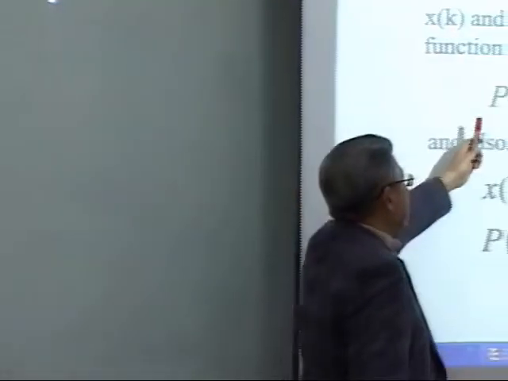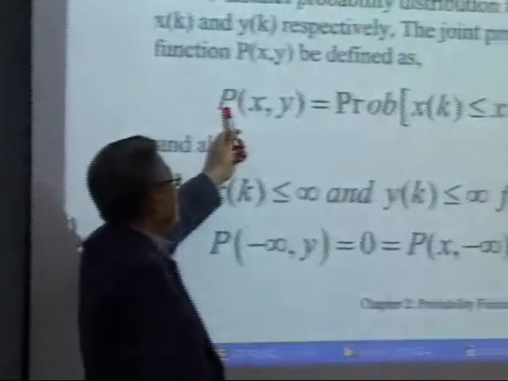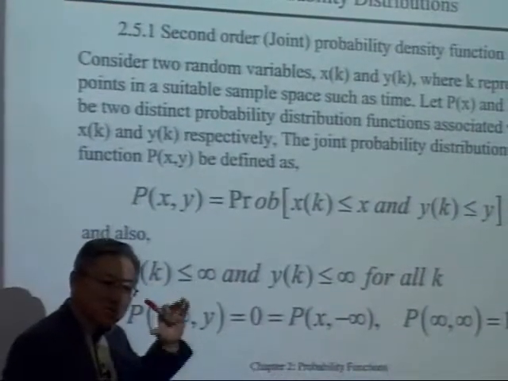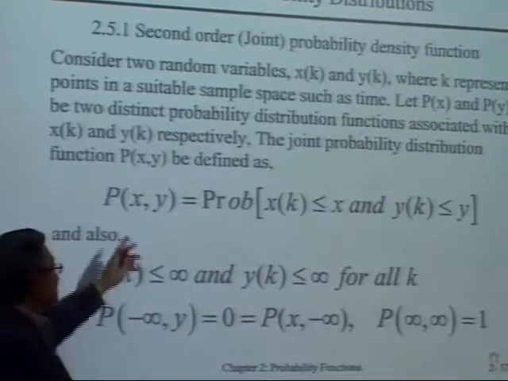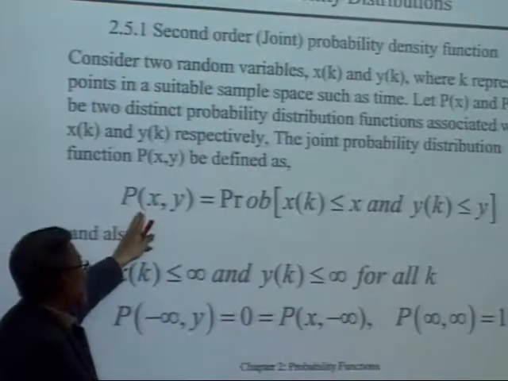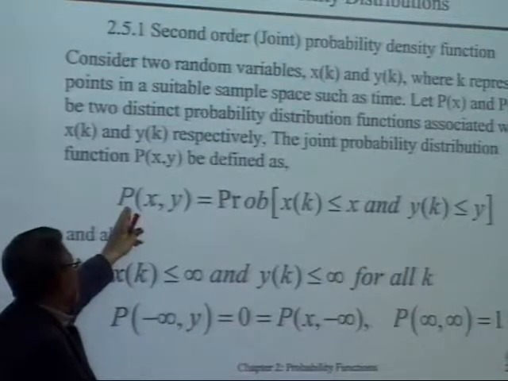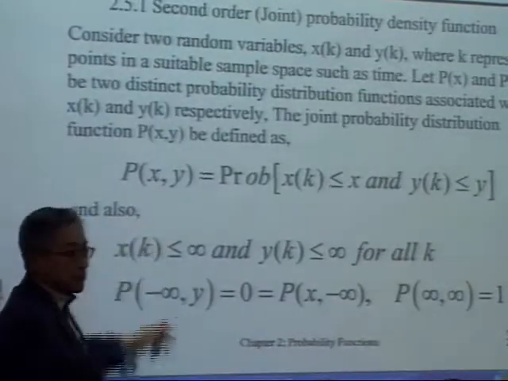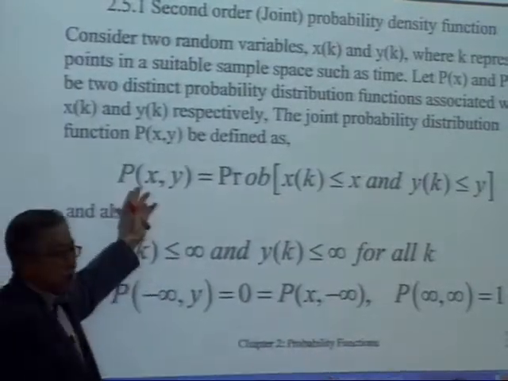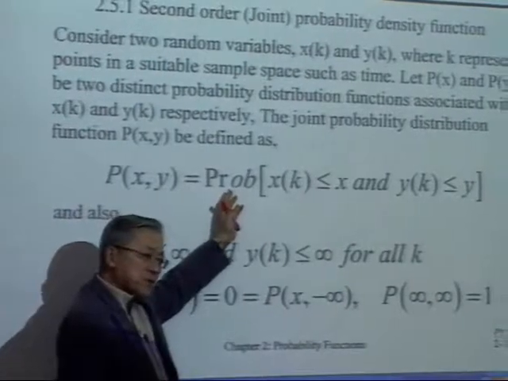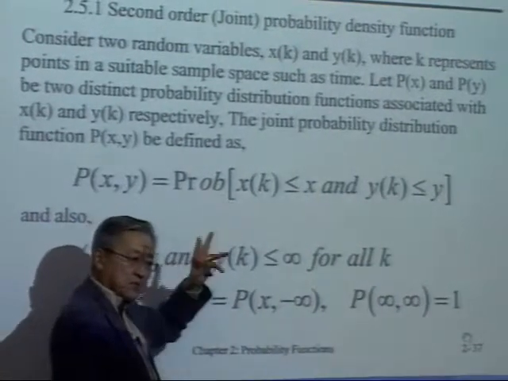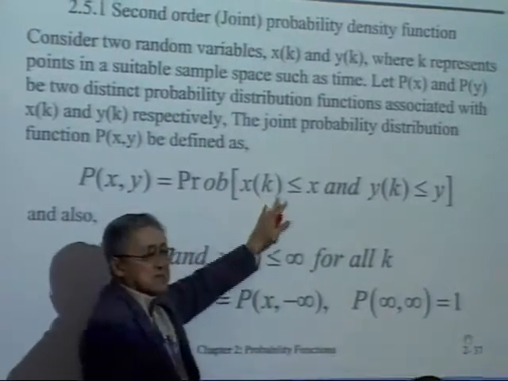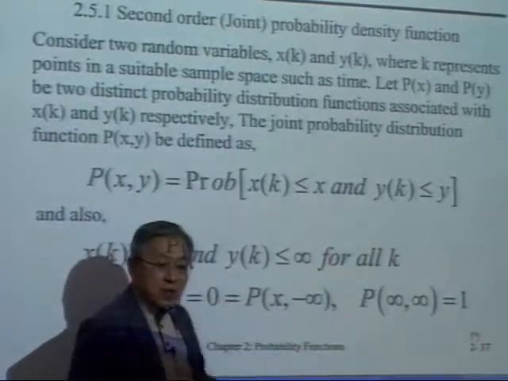This is a capital P, so this is a probability distribution function. Sometimes I use P subscript XY, with x and y as parameters, which is defined as the probability such that 2 random variables, K is an event, like a time t1.